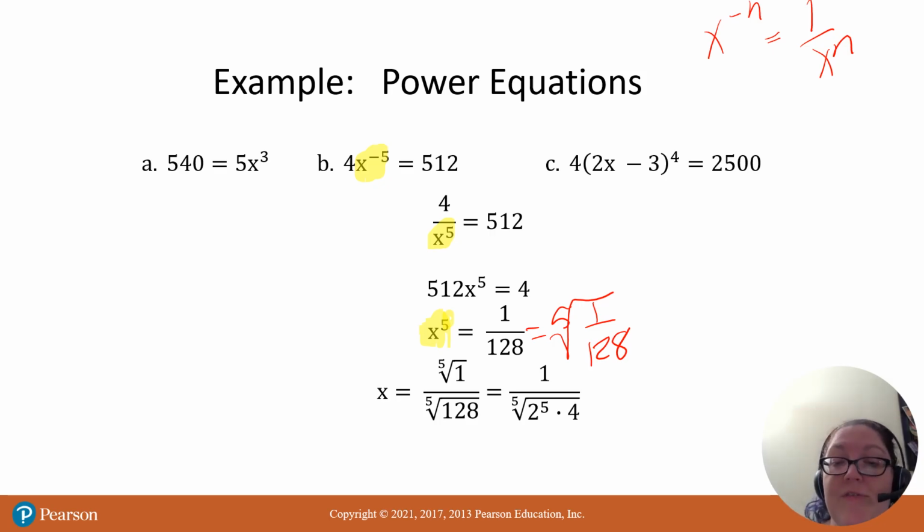So I have 2 to the 5th times 4, which means I can take the fifth root of just the part that has the power of 5 on it, and that leaves me with just that 2 outside of the root. And so we get 1 divided by 2 times the fifth root of 4. That 4, I can't do anything else with it. It's going to have to stay underneath that fifth root.